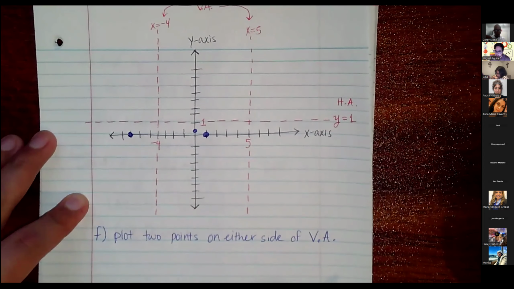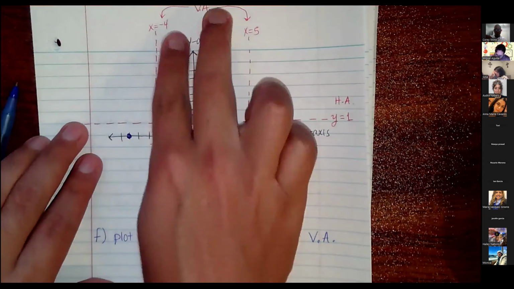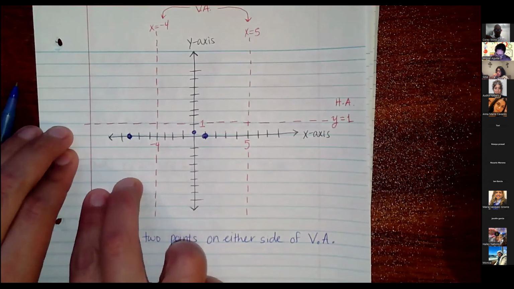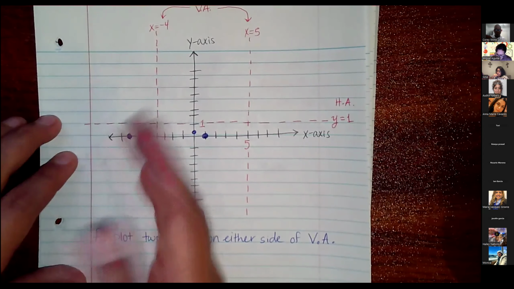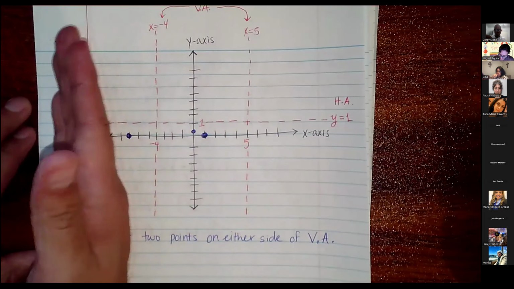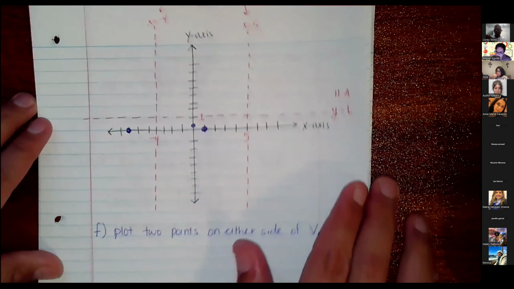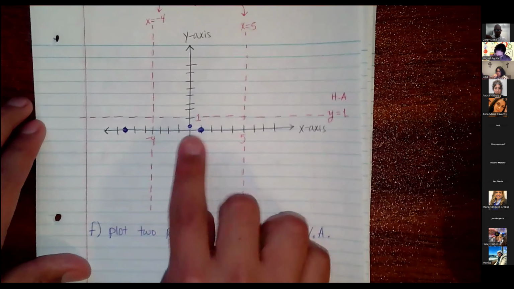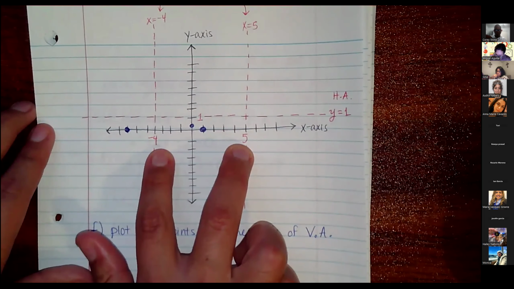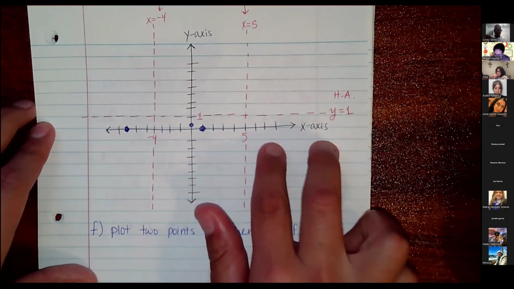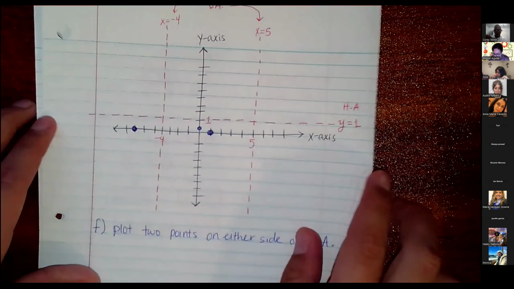That means that if you think about the vertical asymptote as cutting the graph into 3 sections, then I need at least 2 points that are on the left of -4, at least 2 points that are in between -4 and 5, and at least 2 points that are to the right of 5.